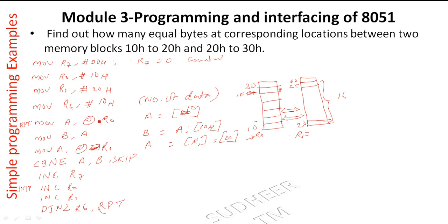Now take data from 11 and 21 and perform the comparison. If they are equal, increase the count by 1. Otherwise skip to here, point to the next memory locations, decrease the count of R6 by 1, and perform again until R6 becomes 0. So this is about the simple program.